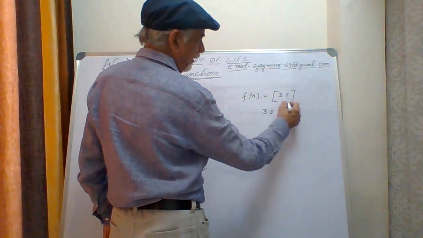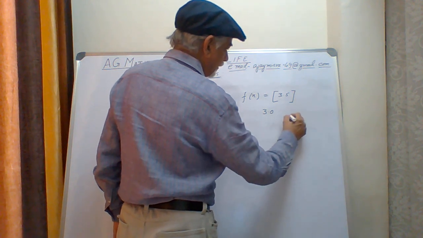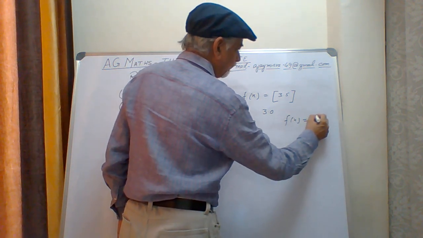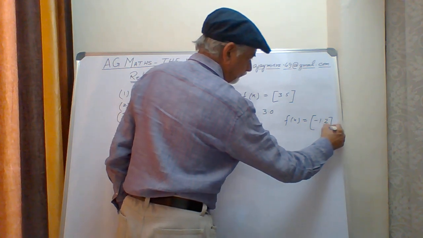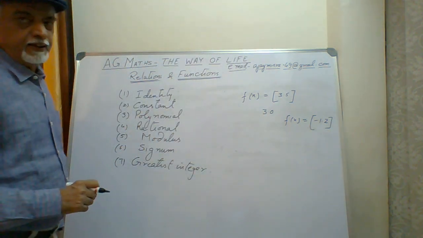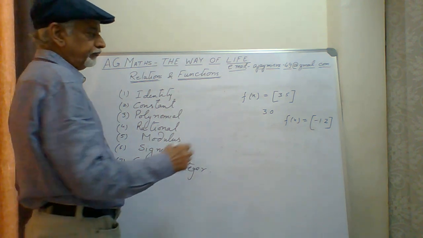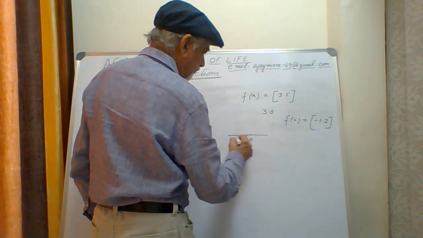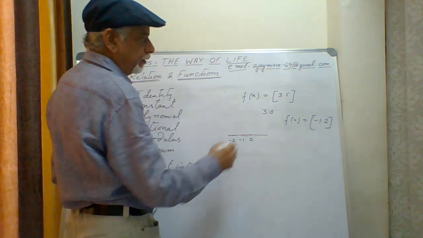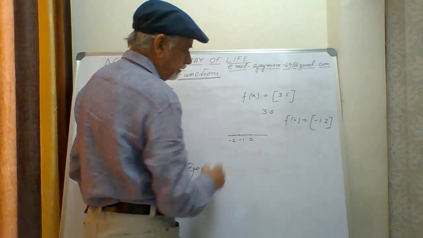Greatest is 3. And if I write f(x) is equal to minus 1.2, what will be the greatest integer value for this? When you look at the number line 0, minus 1, minus 2, minus 1.2 is coming here.